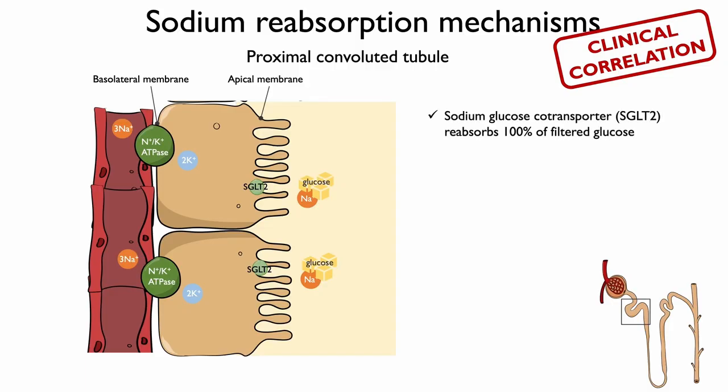Sodium-glucose co-transporters, also known as SGLT2s, reabsorb 100% of filtered glucose with sodium until the patient exceeds the channel's absorptive capacity, as is seen in uncontrolled diabetes.